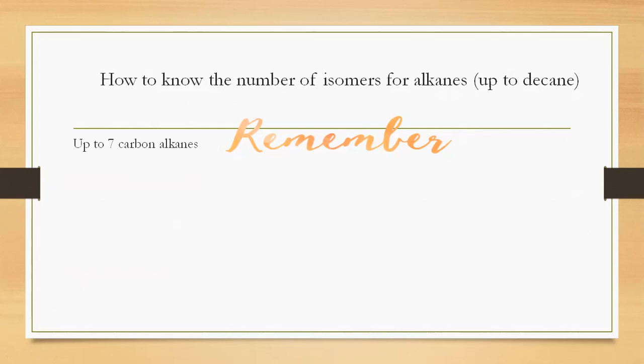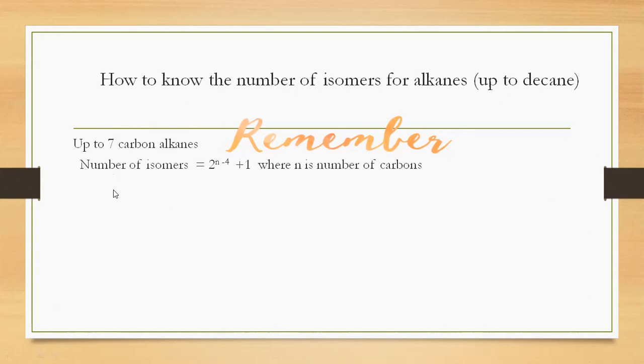So don't generalize the formula for all the alkanes. And if you see the competitive exam questions, questions with more than 10 carbons are rarely asked. So be thorough up to 10 carbon alkanes.